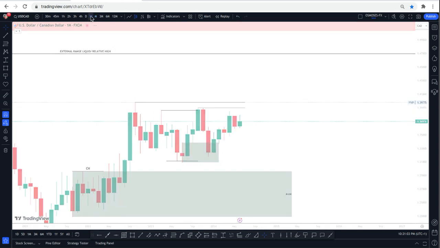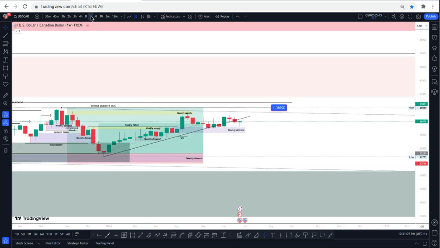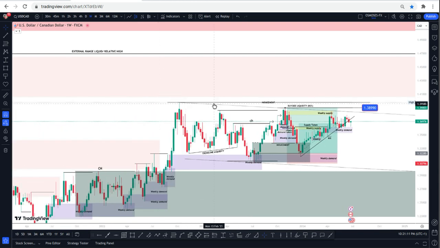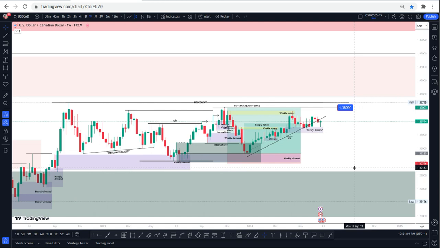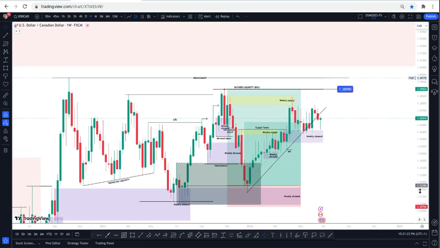So let's go down to weekly. I'm a trend line fan, but sometimes I don't base my buyers only on trend line.